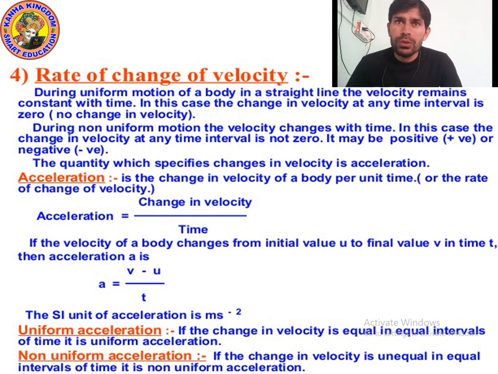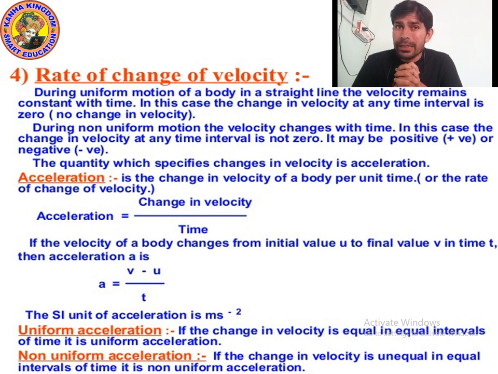Okay. So remember, acceleration is the change in velocity of a body per unit time, or you can say the rate of change of velocity. Velocity is changing with respect to time, so the formula of acceleration is change in velocity upon time.